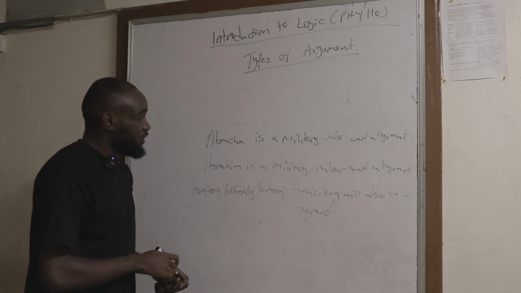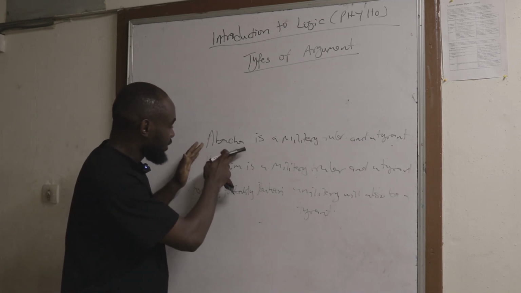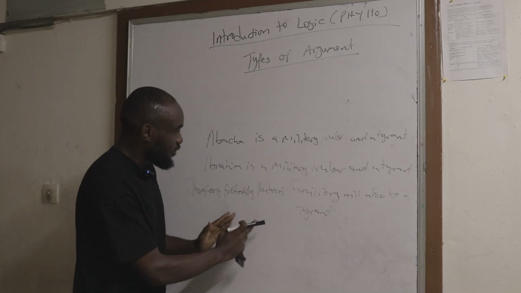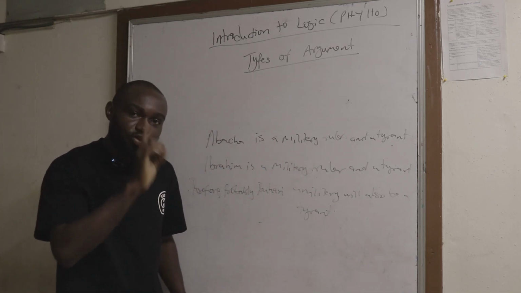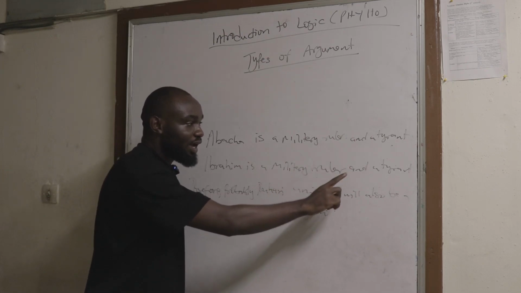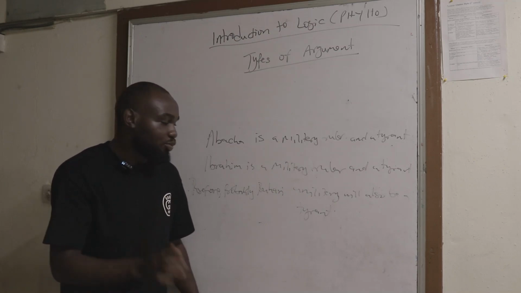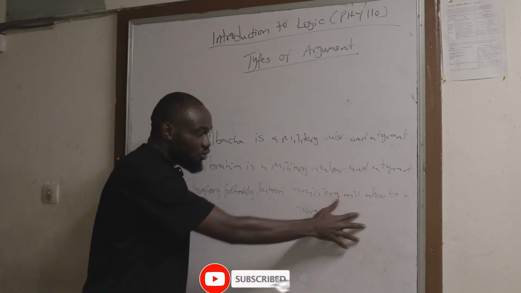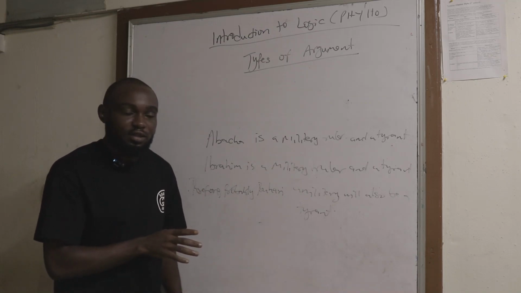So, if you check this, you see that it moves from a particular premise towards a particular conclusion. Abacha is a military leader and a tyrant, a particular proposition that serves as a premise. Ibrahim is a military ruler and a tyrant, a particular proposition that serves as a premise to also a particular proposition that serves as the conclusion of this argument.